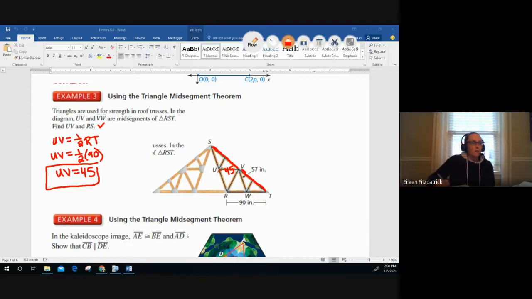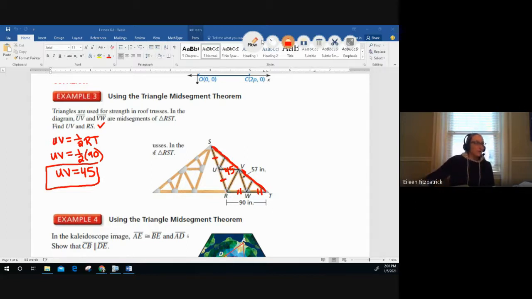We know that U is the midpoint of this side. We already had that marked. And W is the midpoint of this side here. So that means that VW is going to be a mid-segment of the triangle. It's going to be parallel to this third side. It's also going to be half as long.